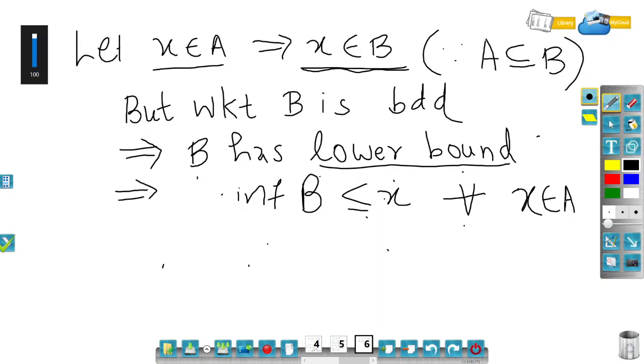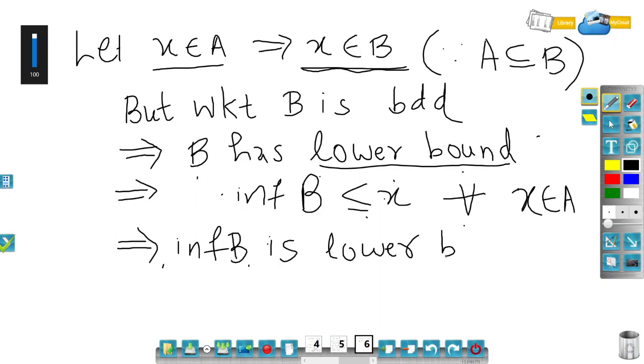When we say random or arbitrary, that means it is true for any x belonging to A. So infimum of B is less than or equal to x for all x belonging to A. This implies infimum of B is a lower bound of A. Now you can see that infimum B is always smaller than any element x, so that element must be called a lower bound of A.